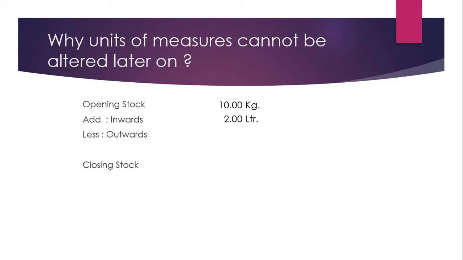During inward, a different unit of measure is used. During outward, a different unit of measure is used. If this is the case, how closing stock should be calculated? So, it is required to use the appropriate unit of measure to maintain stock of goods accurately.